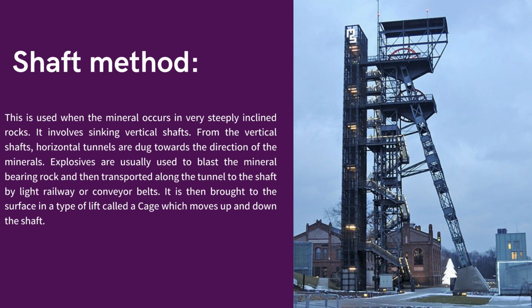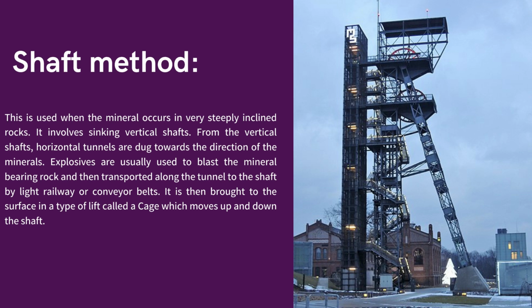So we also have the shaft method. This is vertical, the other one was horizontal. This is used when the mineral occurs in a very steeply inclined rock. It involves sinking vertical shafts. From the vertical shafts, horizontal tunnels are dug towards the direction of the mineral.